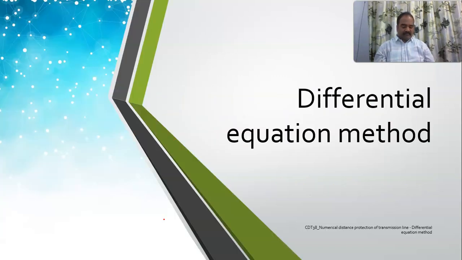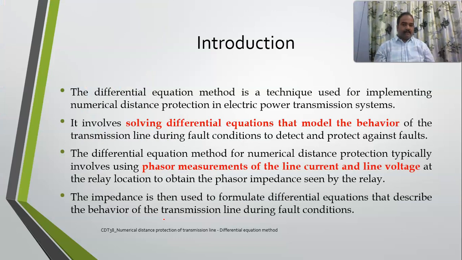And coming to the differential equation method, it is a method used for implementing numerical distance protection. It basically involves solving numerical equations. We will be having a few assumptions before we start the differential equation method. Based upon those assumptions, we will develop a model of the transmission line, and based upon that, we will determine the impedance.